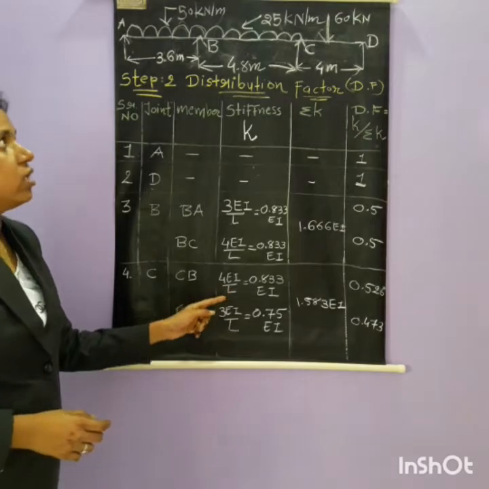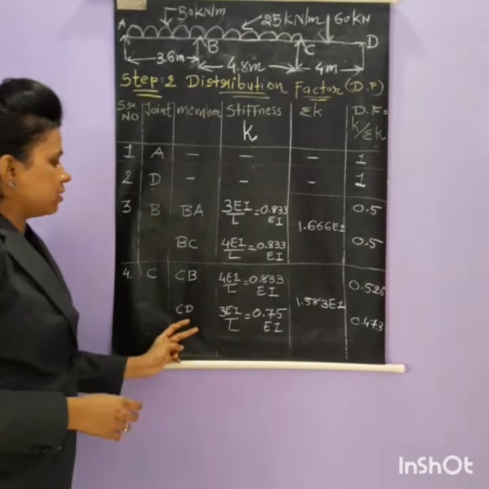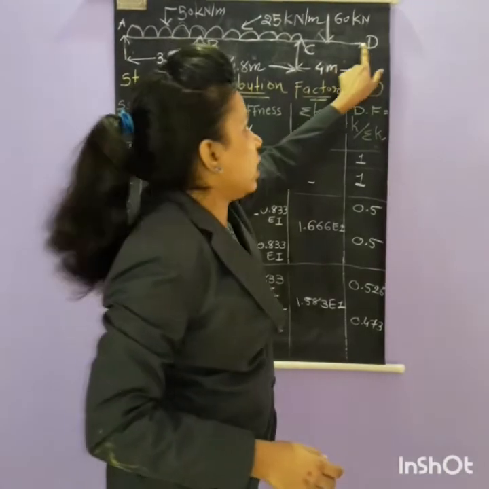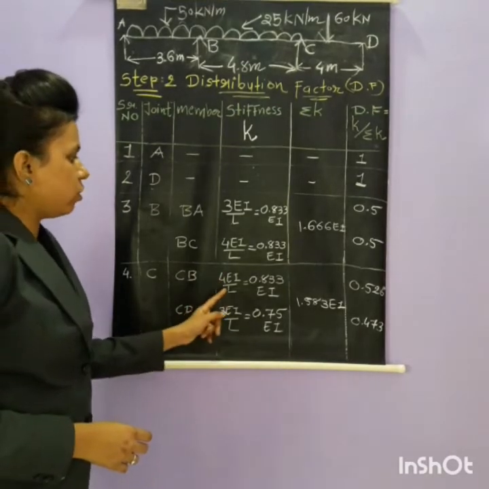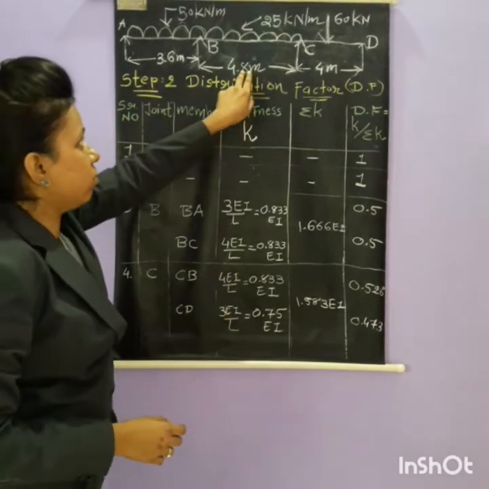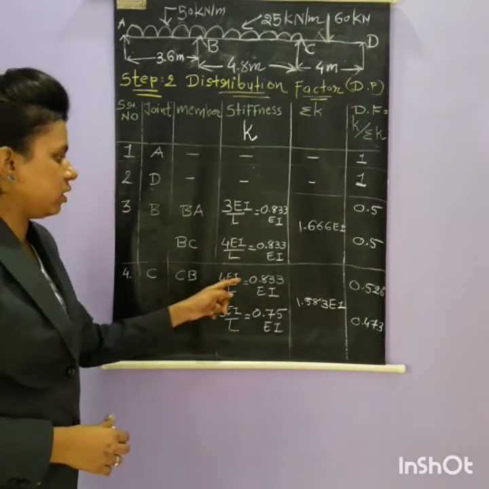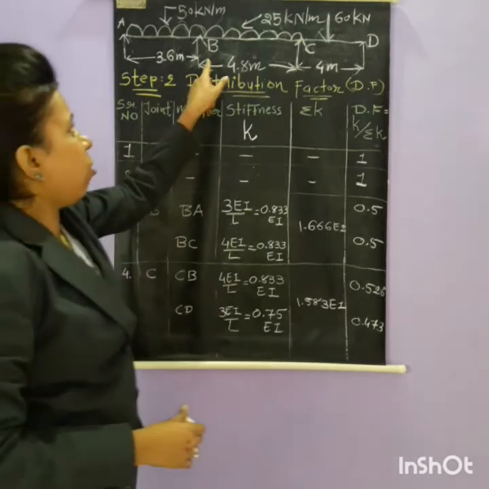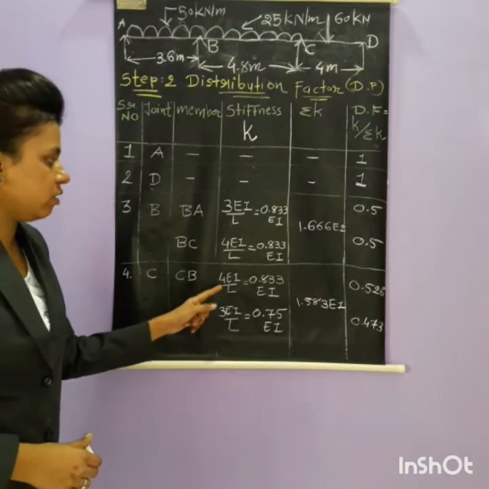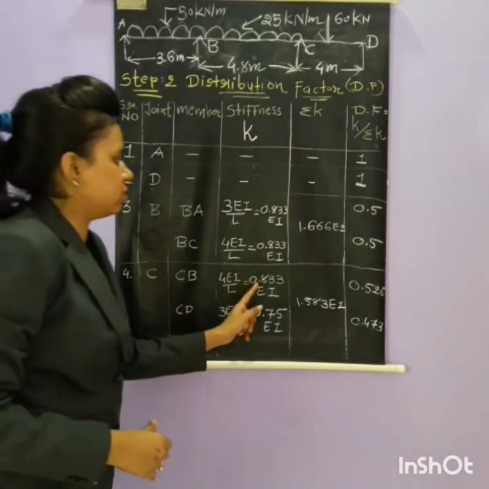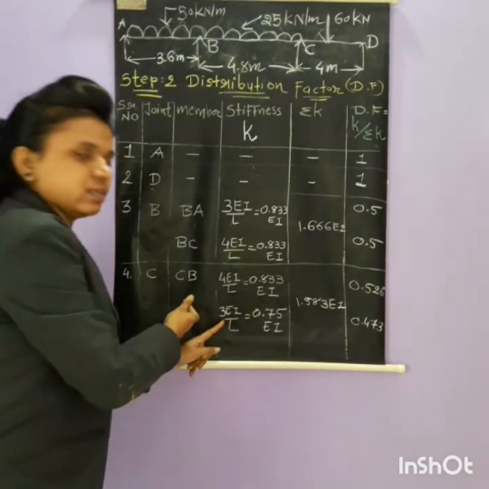CB is 4EI divided by L, as it is between intermediate supports B and C, and CD has one support only and is simply supported, so 3EI divided by L. The L of the CB span is 4.8 meter. Then calculate 4 divided by 4.8 EI. Answer is 0.8333 EI.